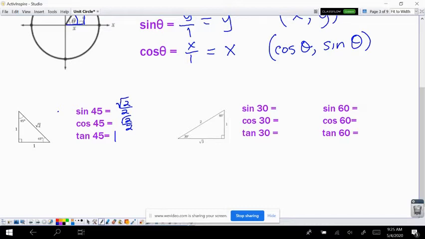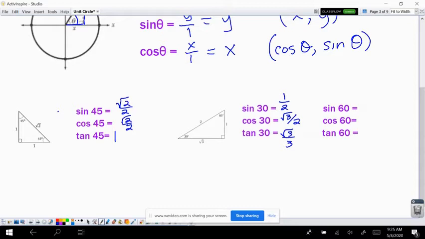As we look at a 30-degree angle, sine is opposite over hypotenuse, or 1/2. When we look at cosine of 30, that is the adjacent side over the hypotenuse, root 3 over 2. And when we do tangent of 30, we are doing the opposite over the adjacent, which would be 1 over root 3. Then we would rationalize to get root 3 over 3.